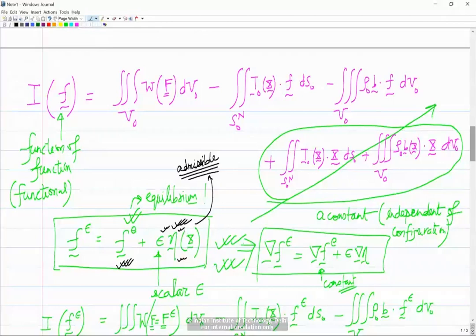That is the second derivative of this W with respect to big F. First derivative is your Euler-Kirchhoff stress, and second derivative is called elasticity tensor, which when evaluated at big F equal to identity, that means in the reference state, that gives you that CIJKL जो हम लोगों ने linear elasticity में पढ़ा है. Okay, so we'll learn something about that stiffness tensor or elasticity tensor in the next class.